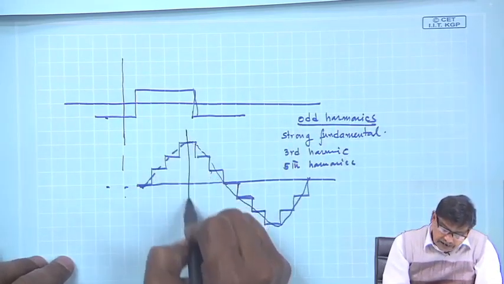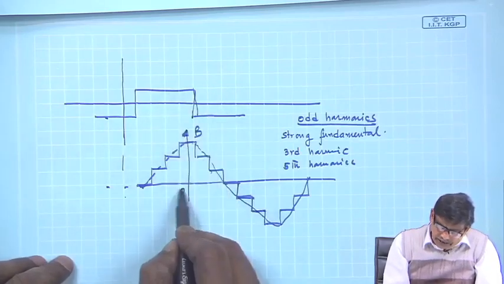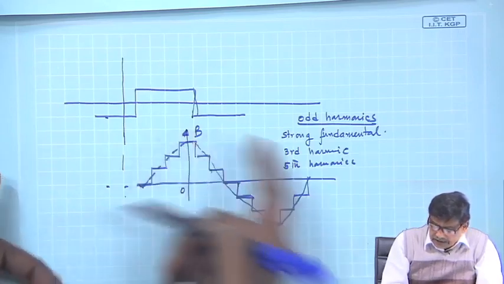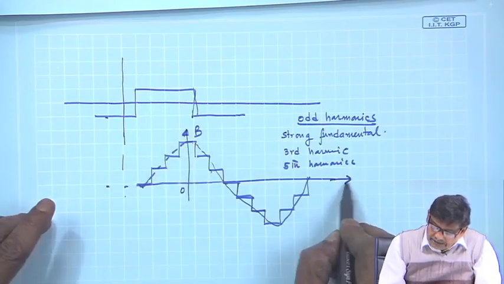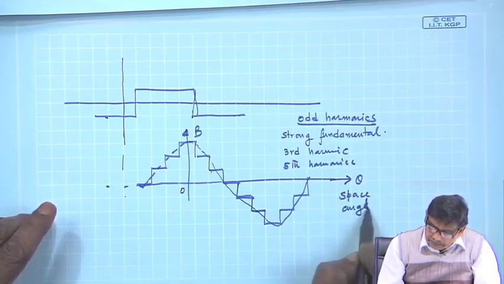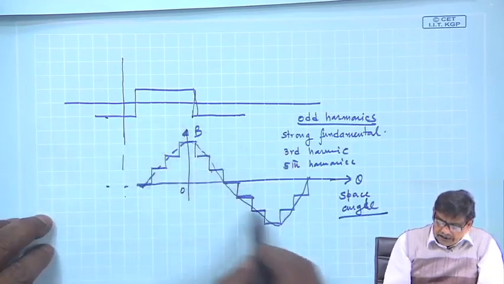Mind you, this is B. You can select your origin wherever you like, but that you must fix up, then you can only describe this, and this is the space angle theta. With respect to that it will be like this.